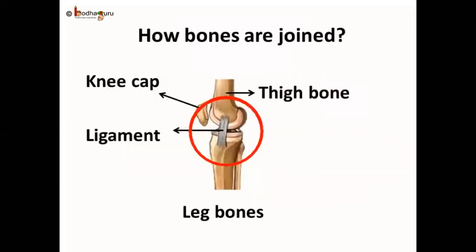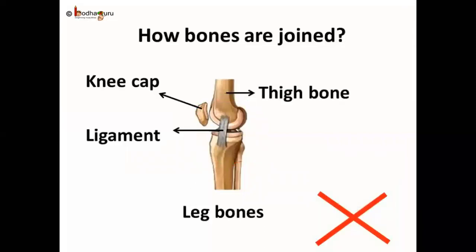How are bones joined? Imagine some kind of glue present here for the attachment of the bones. No. Ligament is the type of connection. It is a fibrous kind of material attached to the bones at the joint.